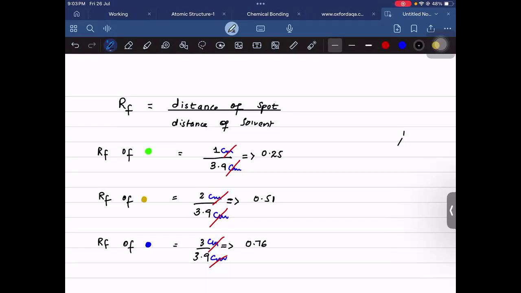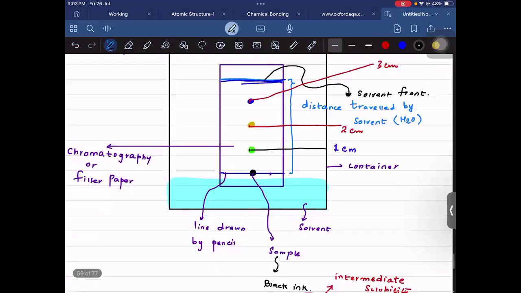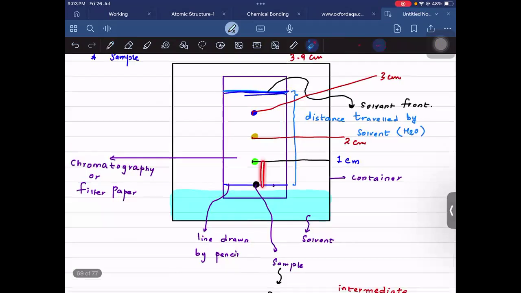Basically, the solvent travels up, as I told you, just like this. This is capillary action. In this black spot there was a sample containing different colors: green, yellow, and blue. Each color has its own special solubility.